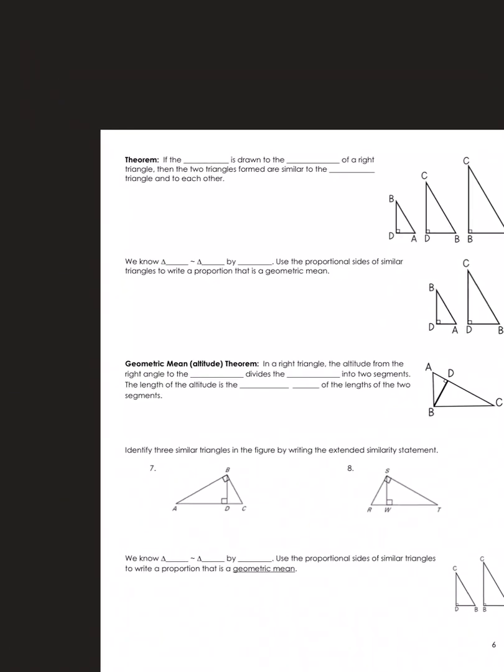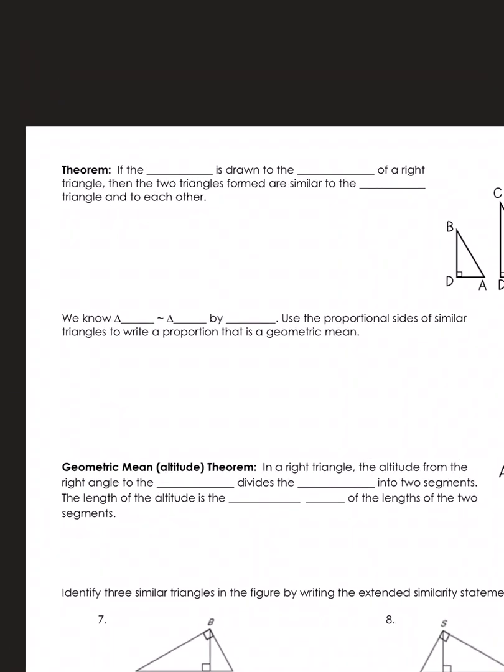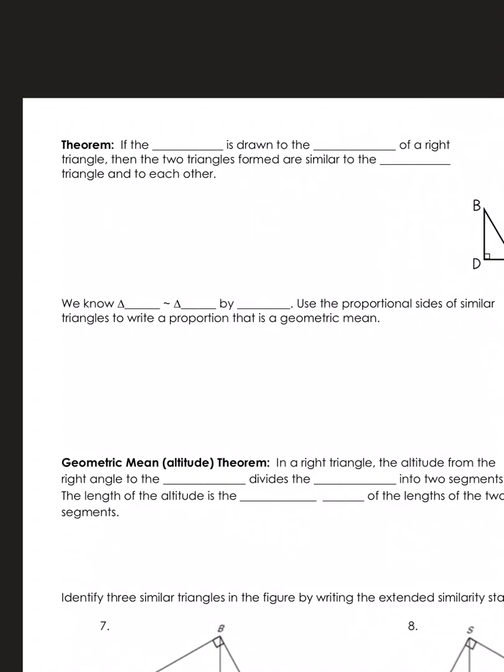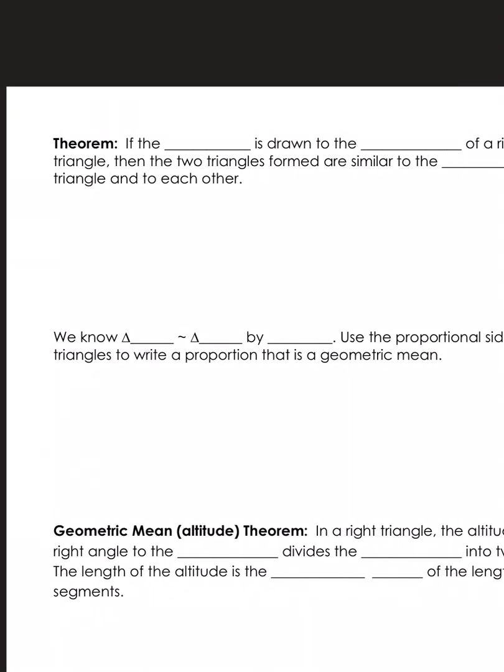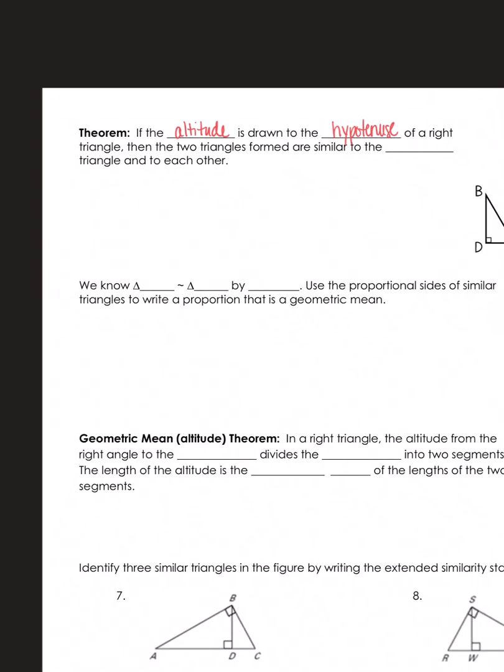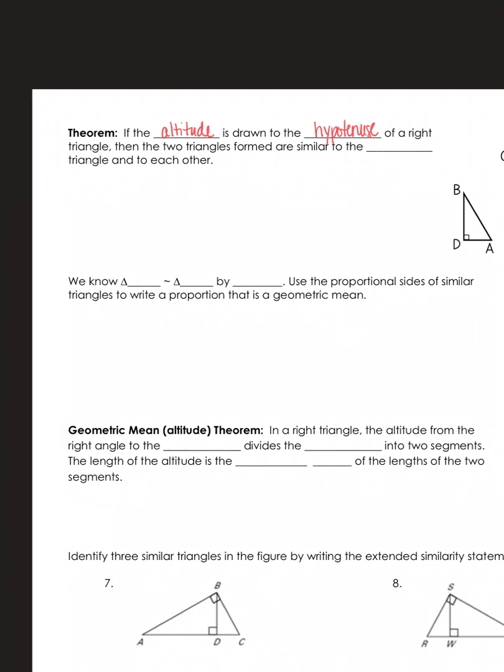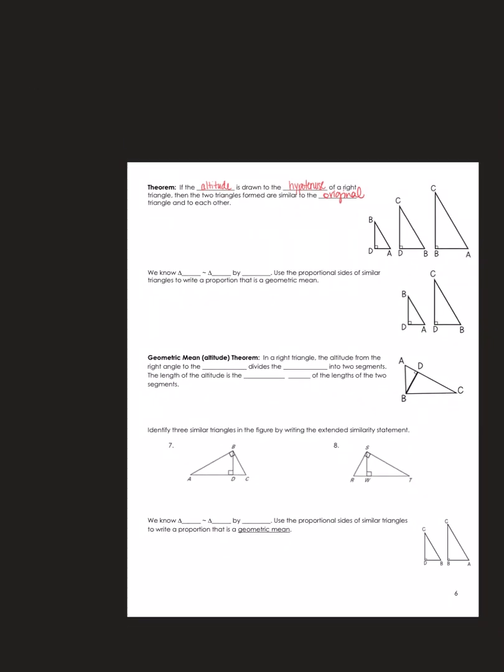So the first theorem says if the altitude is drawn to the hypotenuse of a right triangle, then the two triangles formed are similar to the original triangle and each other.